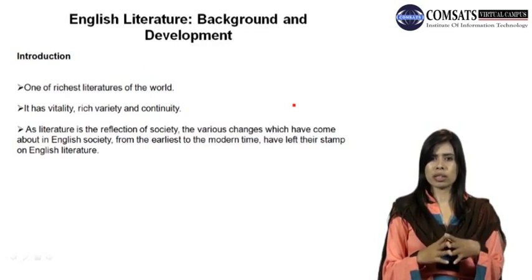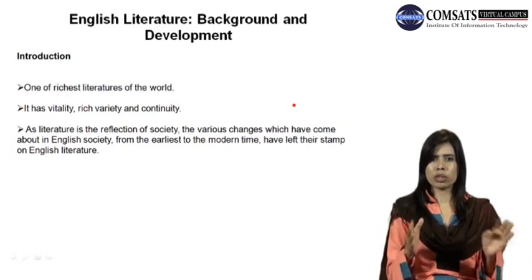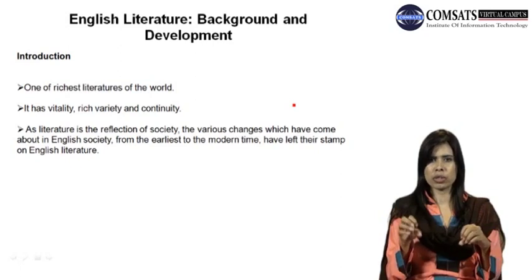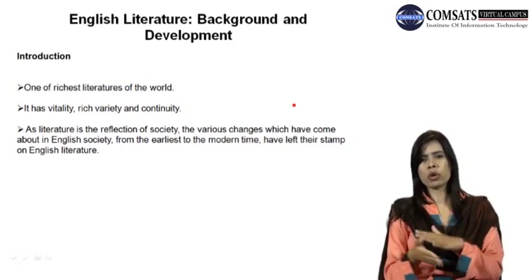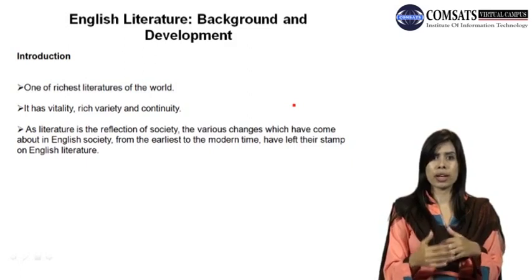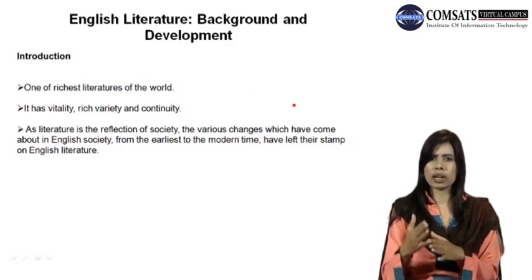This is everywhere in the whole world, because English is the world language. People in all parts of the world can understand the English language, so they are fascinated towards English literature as well. And it has a rich variety. When we will be talking about the periods and the ages in the history of English literature, you'll get to know that it has a rich variety as well and a continuity as well.